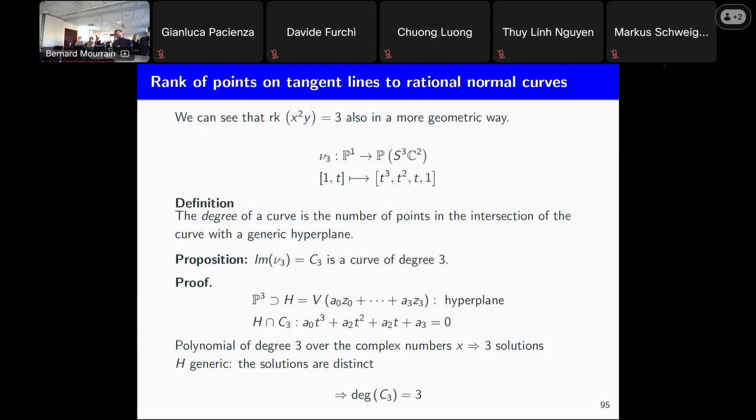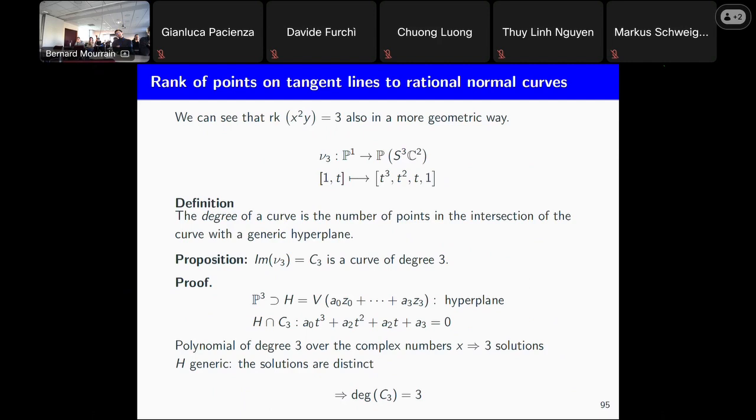That curve is a rational normal cubic. It has degree 3. As a definition of degree, you may take a generic hyperplane in the ambient space, and the generic hyperplane will cut your curve in a bunch of points. And in this case, it will cut your curve in 3 points, and so the degree of your curve is 3.